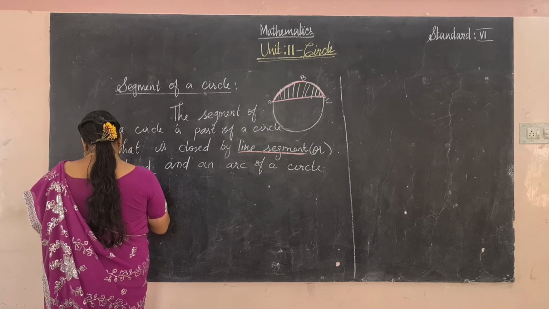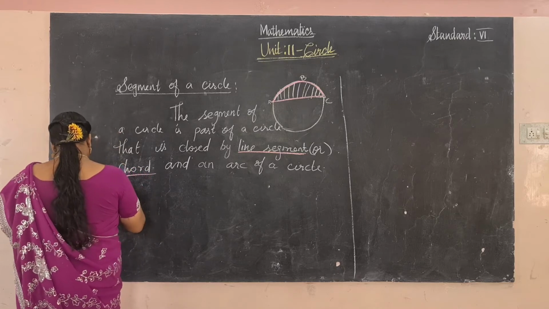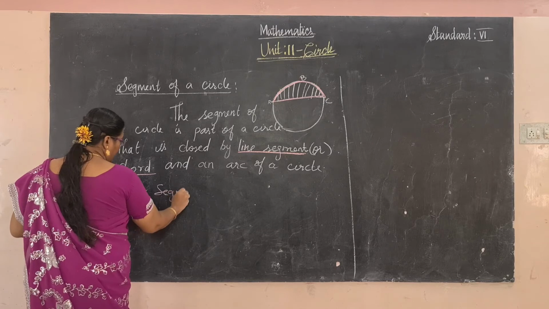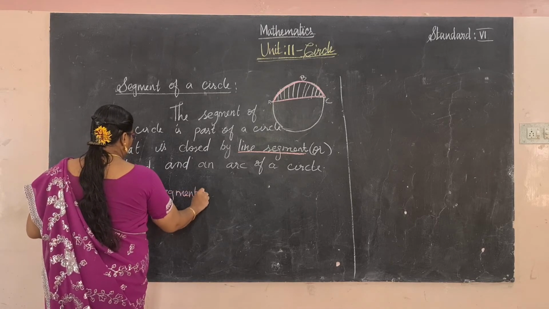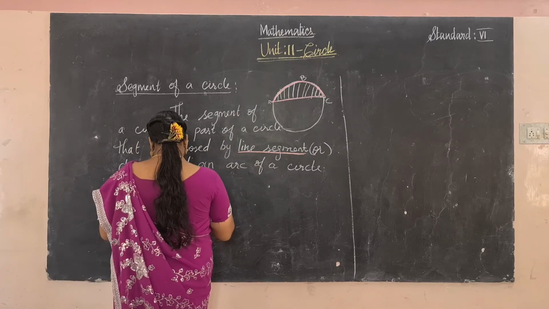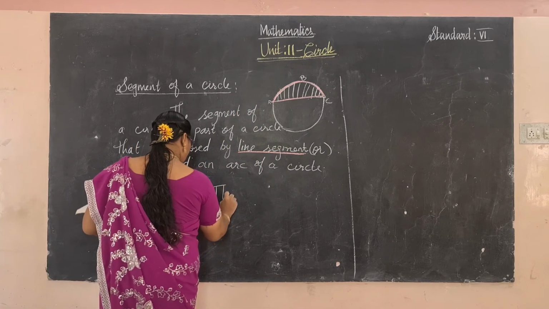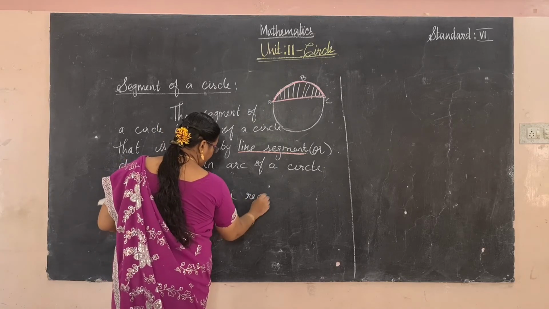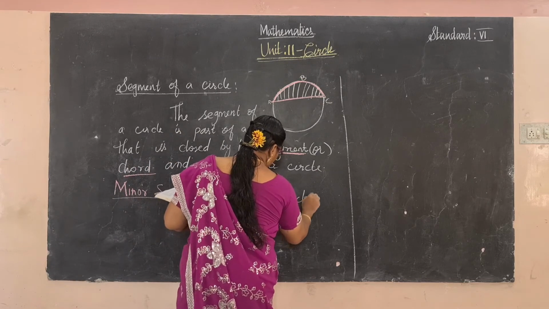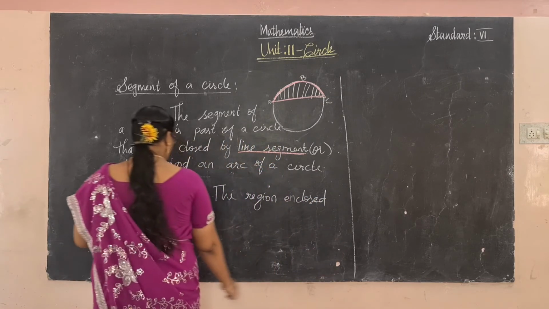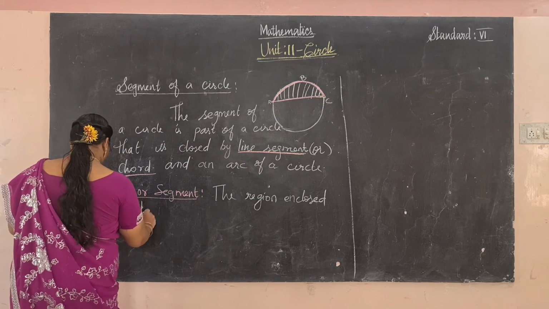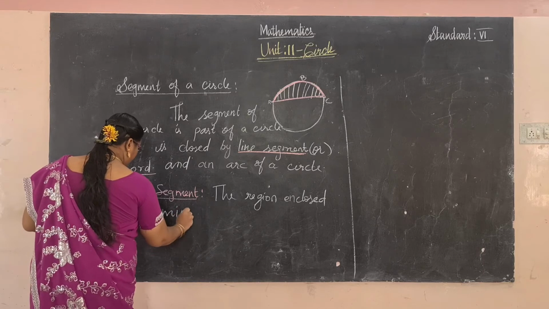First we write the minor segment. So minor segment means the smallest closed region, the region enclosed by the minor arc.